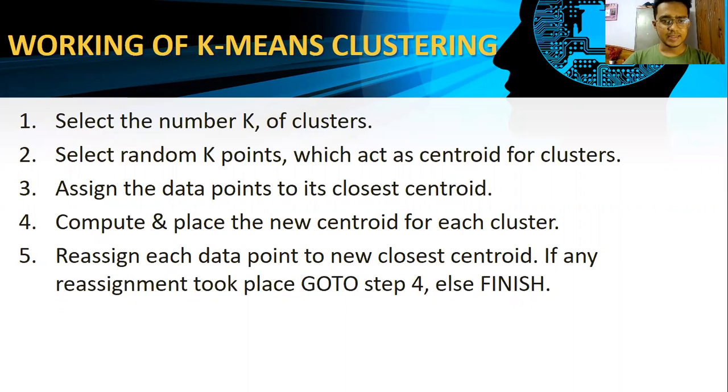Third, it assigns data points to the closest centroid. It uses Euclidean distance to calculate the distance between the centroid and the data point, and then assigns the point to the centroid. The fourth step: it computes and places the new centroid for each cluster. And finally, it reassigns each data point to the new closest centroid.